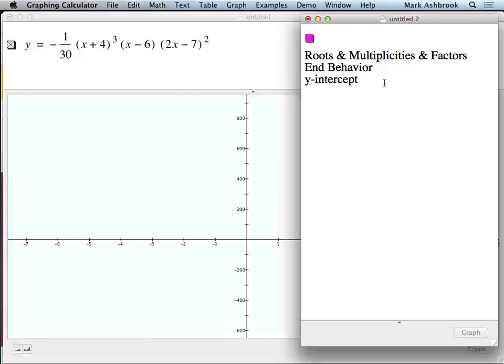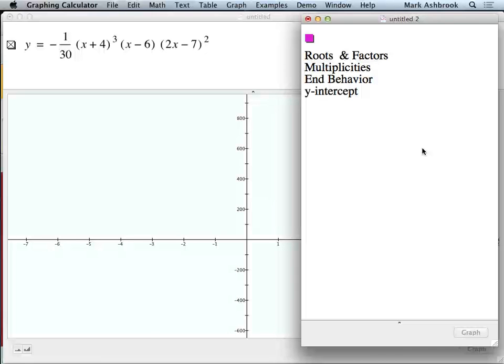Yeah, actually, so roots and factors go together, and then the multiplicities is. Okay, so those are kind of the 4 things that help us. Those are the building blocks.